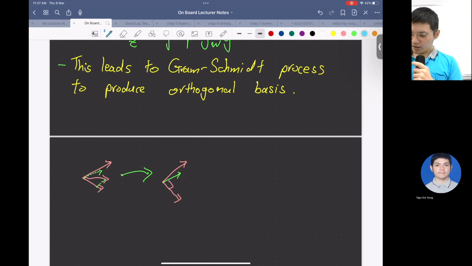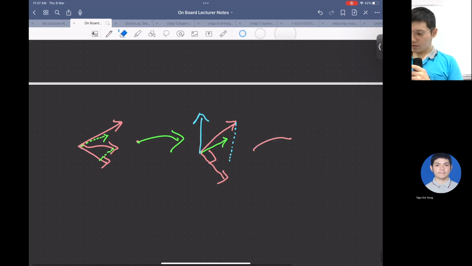Then you project the third vector down to the subspace, and then you find the orthogonal one. So you go from this picture to this picture.